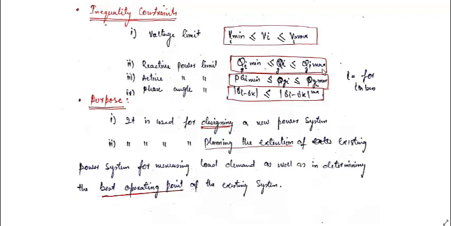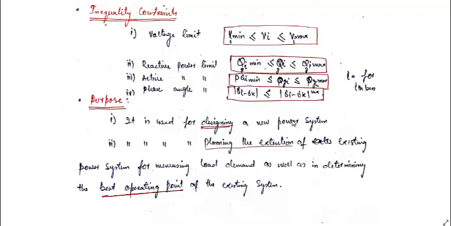Reactive power should also be within limits, that is QGi should be between QGi minimum and QGi maximum. This is usually for the generators, which have a maximum limit of generating reactive power as well as active power.